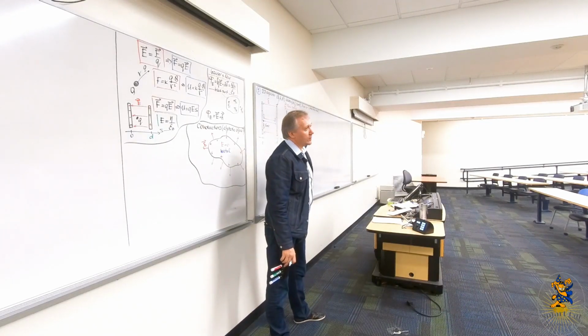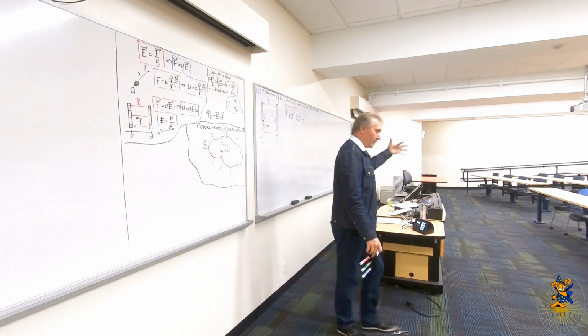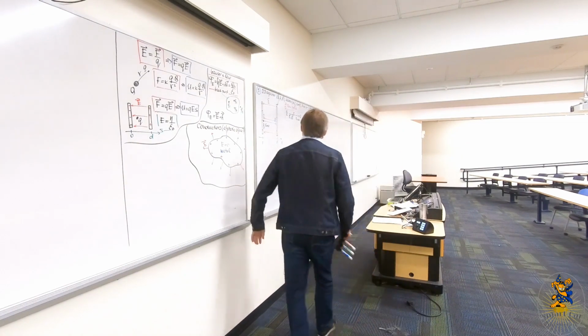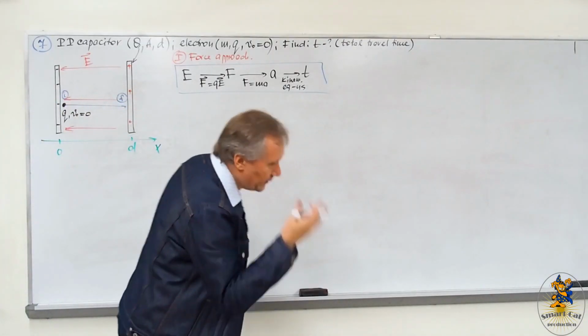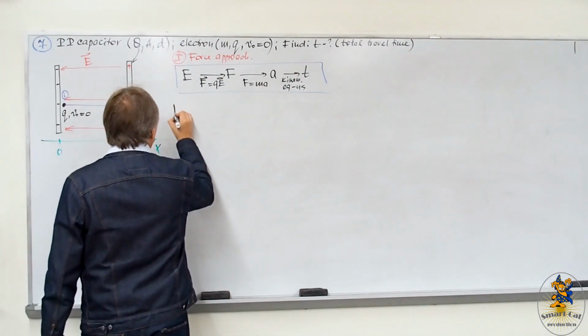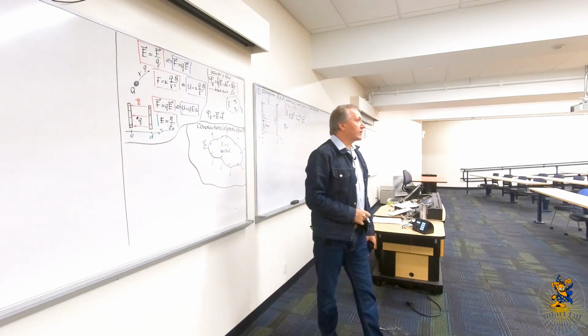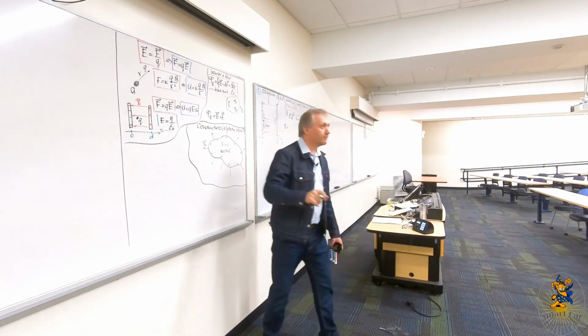I want to write everything in vector form in order to get acceleration. If it's going to be negative, I will get that negative. If it's positive, then it's easier. Okay, so let's start with the electric field. E as a vector. Magnitude of the electric field inside of a parallel plate capacitor.